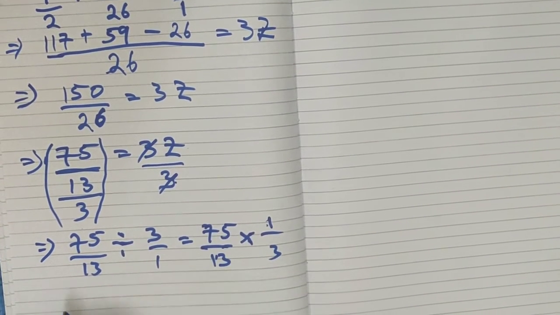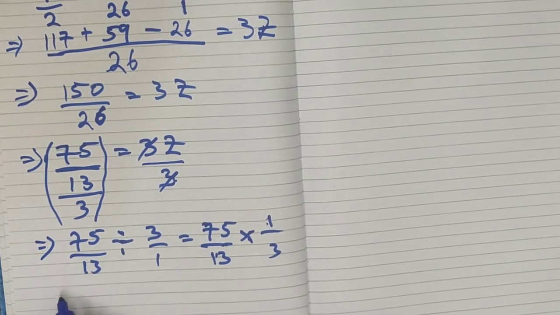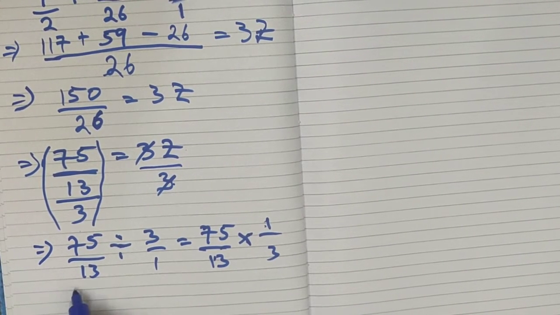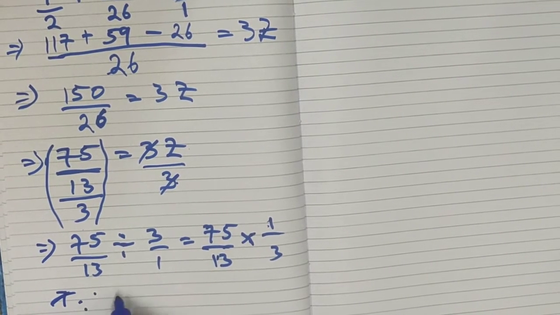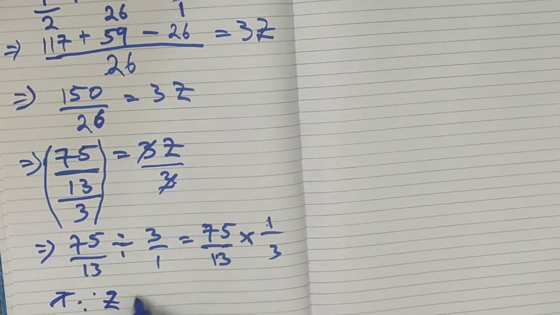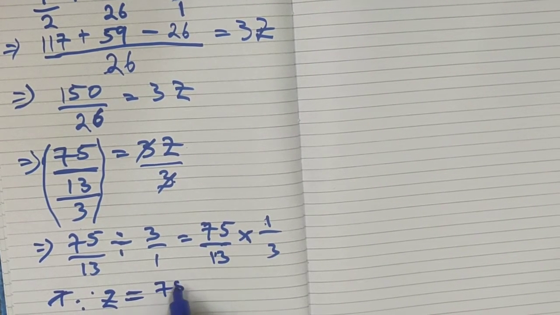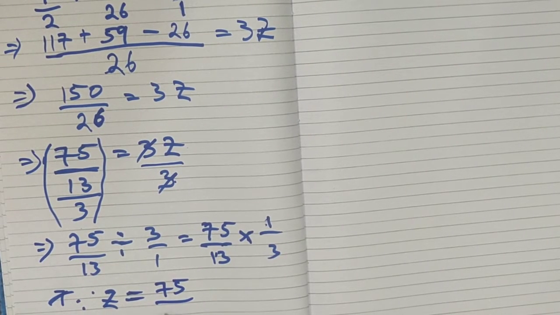If we do this multiplication, we are going to have our z equals to 25 on 39.